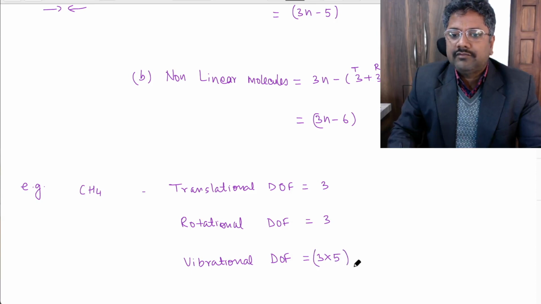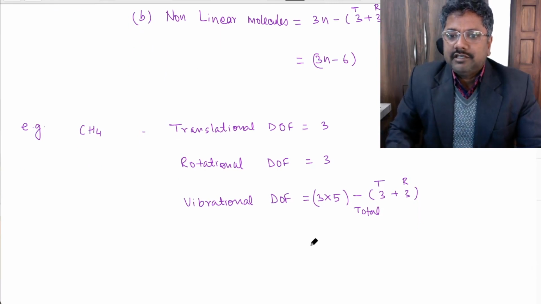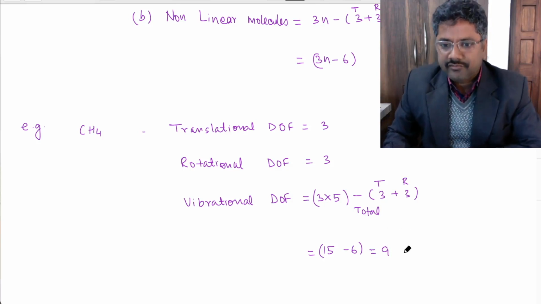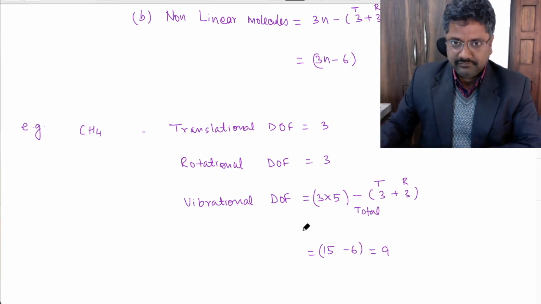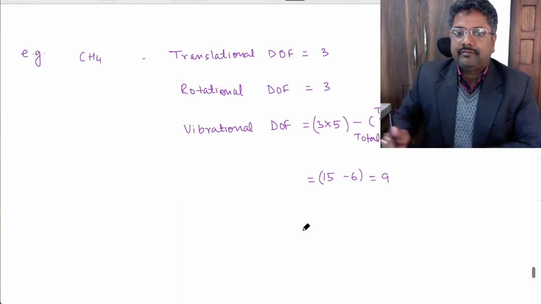The total degree of freedom is 3 into 5 = 15, minus translational 3 plus rotational 3, right? So this is equal to 15 minus 6 is equal to 9. So there are 9 different modes of vibrations possible in case of methane, right? So in this way you can calculate the degree of freedom.